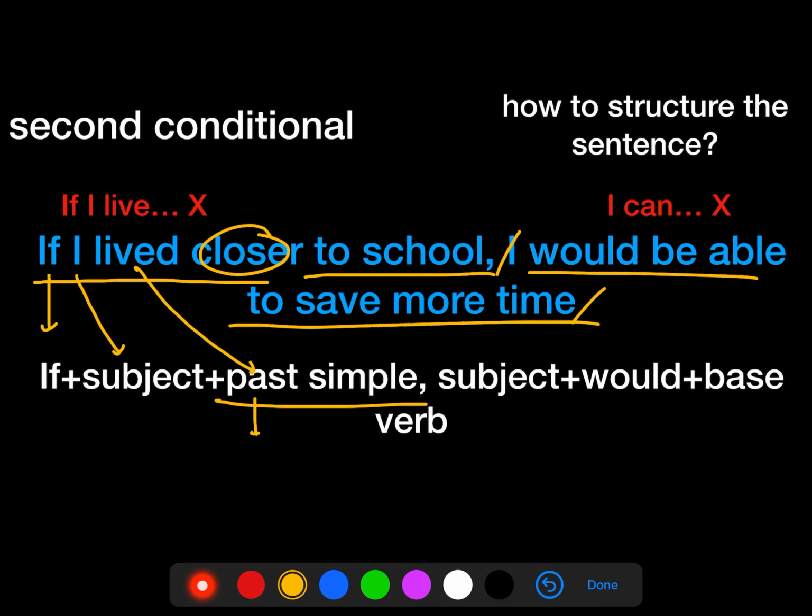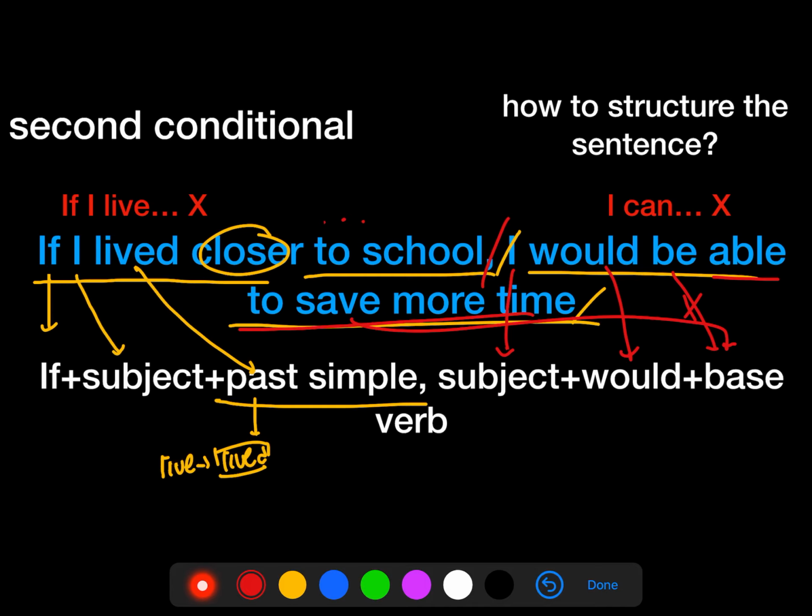The base form is live, and then the past simple is lived, to school. Imagining, right? Impossible. I would be able to save more time. Oh, not be, save. So I would save more time.